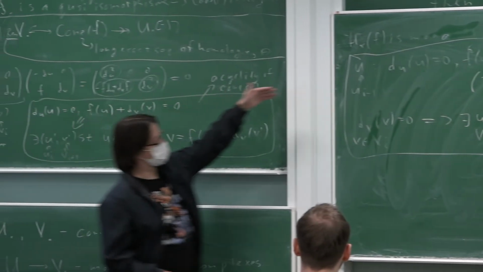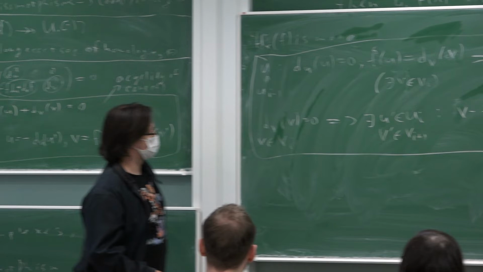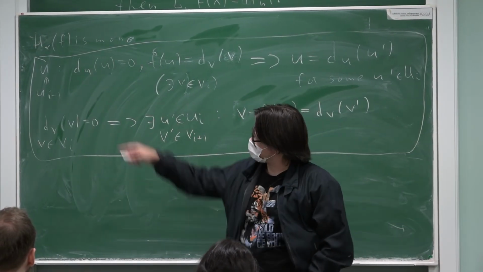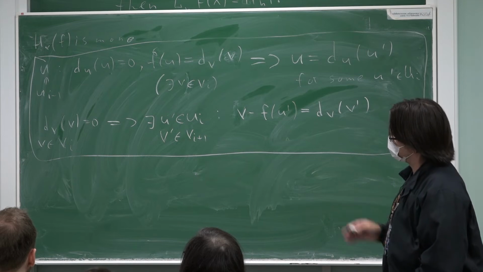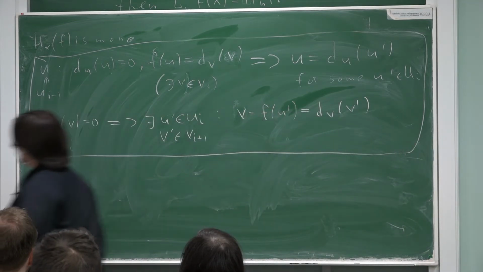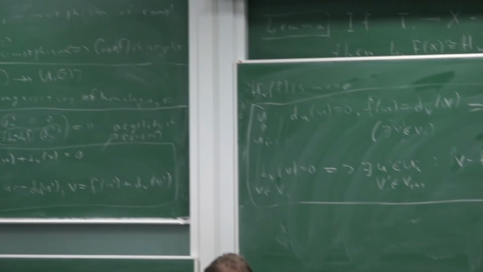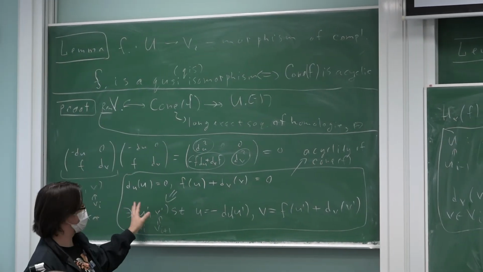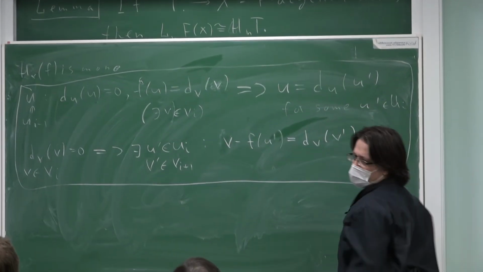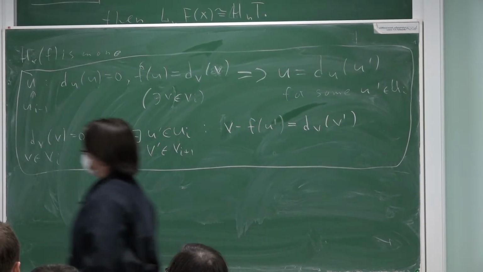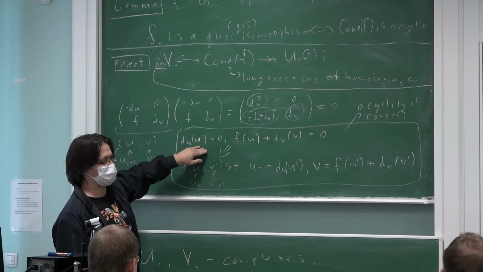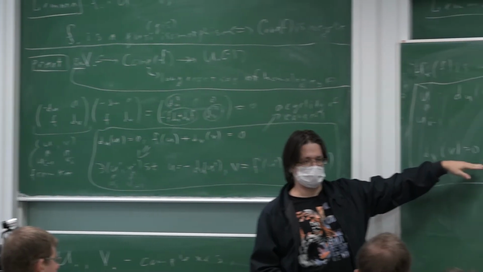From here it's easy to deduce these two conditions, and from here to there it's probably a little more difficult, but not very difficult, because you have here du of u equals to 0, so you can choose u prime such that u equals du of u prime, and that makes u 0 here, yes, and then you come to this condition.